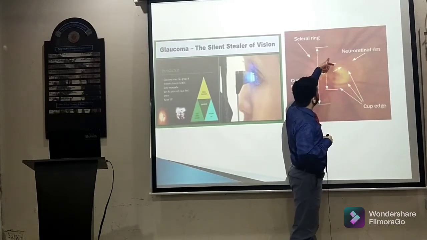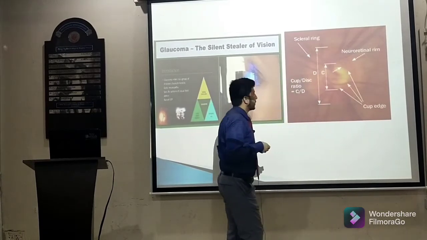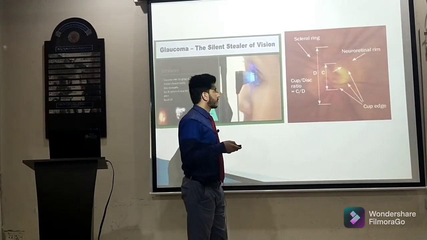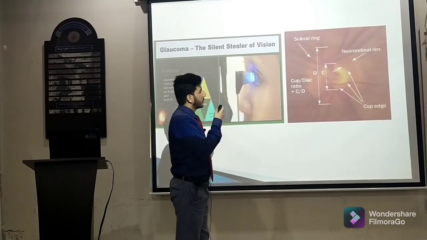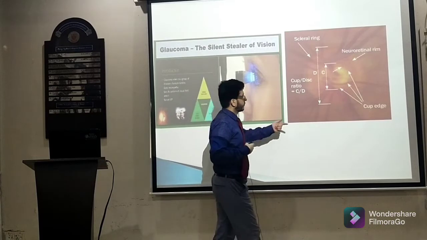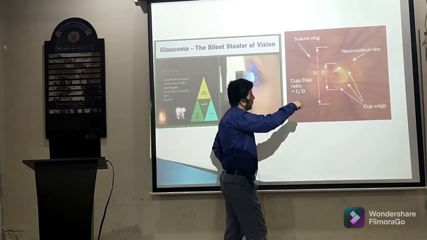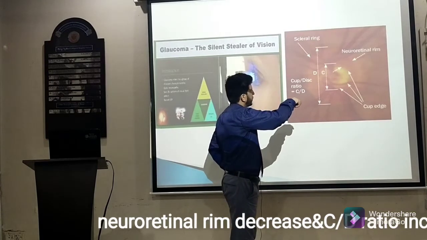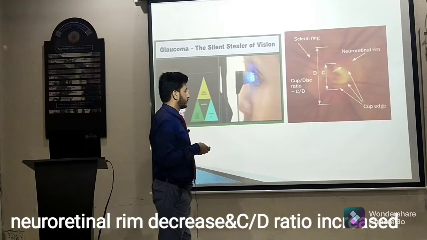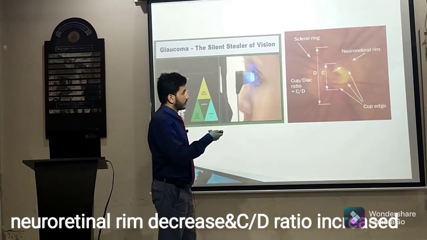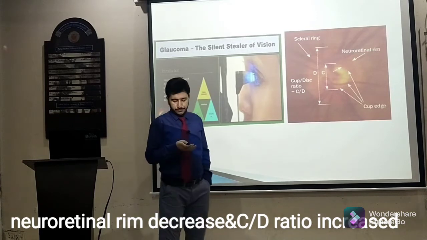The distance between the cup edge and the disc edge is called the neuroretinal rim. In glaucoma, this distance becomes decreased. It means the cup disc ratio is increased, or the neuroretinal rim becomes decreased.